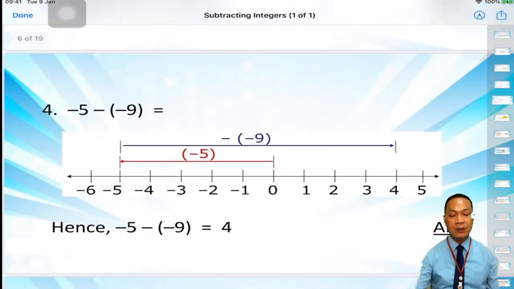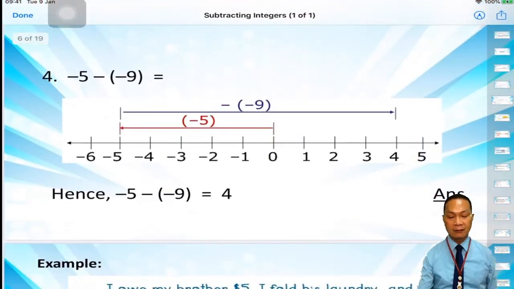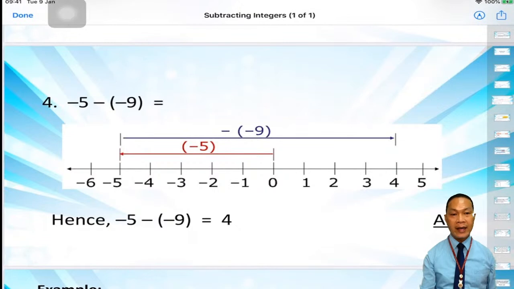Next, example number 4. We have negative 5 minus a negative 9. Again, we will start from negative 5. From 0 to negative 5 is going to the left, and then minus a negative. When we subtract a negative, the direction is to the right. So we have negative 5 minus a negative 9.